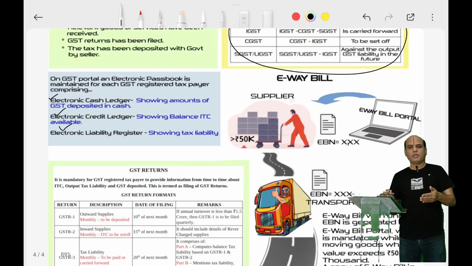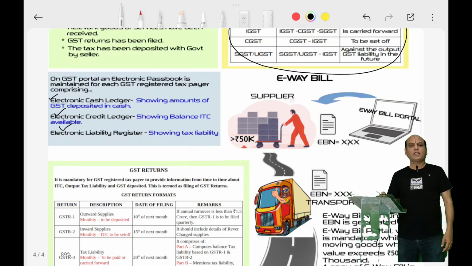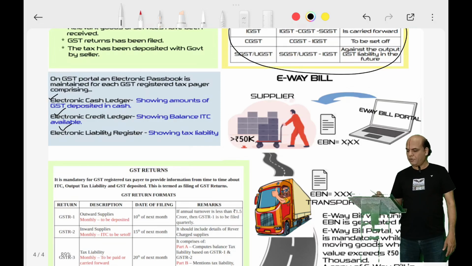So a GST portal will maintain an e-passbook that contains three kinds of ledgers. Cash ledger will show the details of cash deposited as GST by the taxpayer. Credit ledger will show the balance input tax credits standing against the taxpayer. Then liability ledger will show the balance tax liability that taxpayer is supposed to pay to the government. So this is the electronic passbook that is maintained on GST portal.